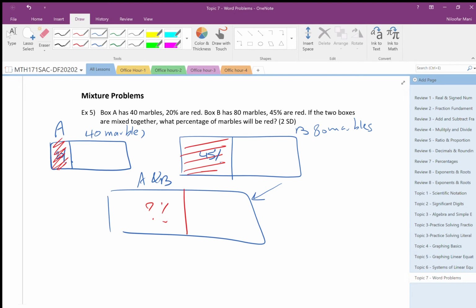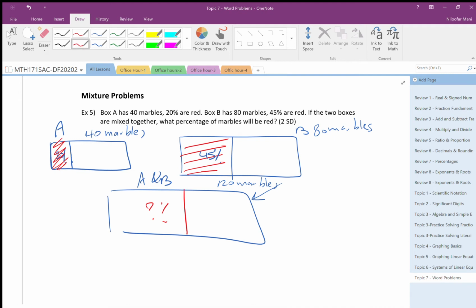So when I mix them, it's 120 marbles, because I have 40 plus 80. I don't see 120 in the question, but now I can find it when I visualize, when I make diagrams.